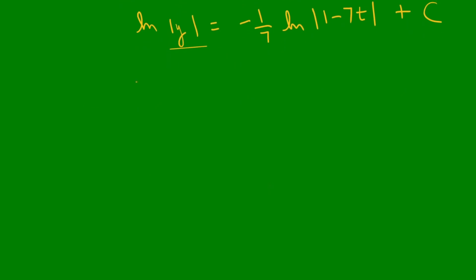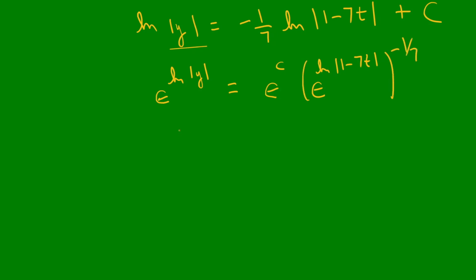Now we can isolate y by raising e to both sides of the equation, since the exponential and logarithmic functions are inverse functions. This is what we get on the left side. And then raising e to the right side, we get, using various laws for exponents.